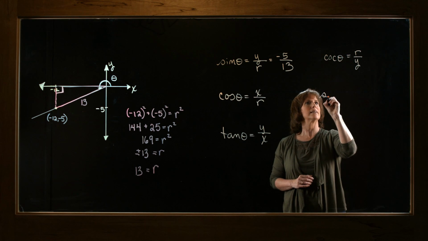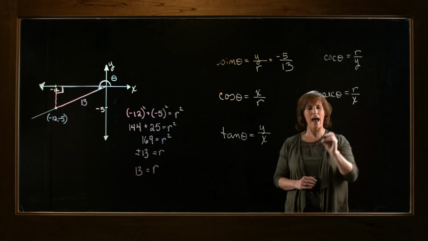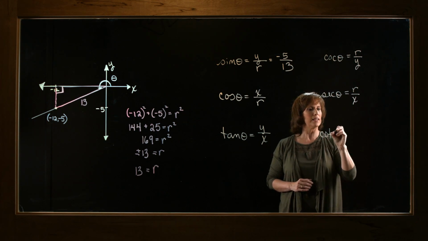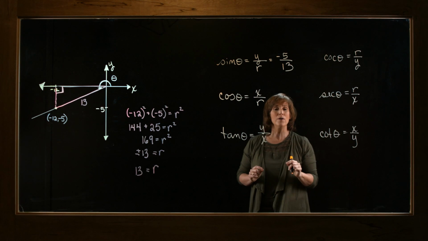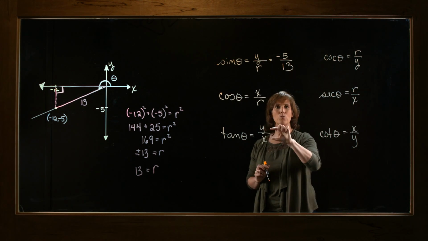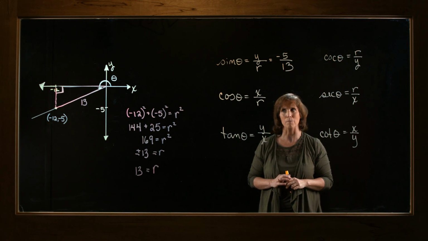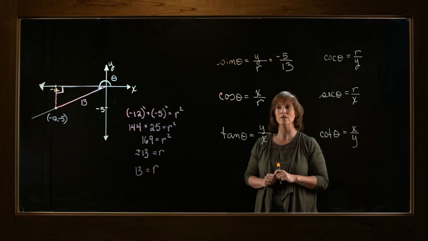The secant of theta is r divided by x. And the cotangent is going to be x divided by y. Notice when I have those 3 elements, I'm looking at all the possible ratios, and they're each given a special name.